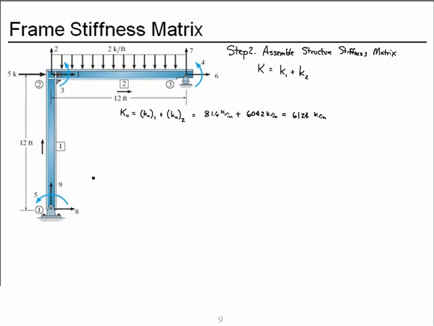K86 will be 0, because no single member connects those degrees of freedom. So as we look at our structure, the only degrees of freedom where the structure stiffness coefficients will be a combination from both elements are the degrees of freedom 1, 2, and 3.